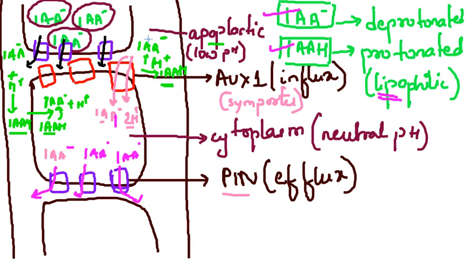Some of the IAA minus was converted to IAAH, and some remained as IAA minus, which is transported through the transporter, because a charged molecule cannot pass on its own. It needs a transporter to enter the cell. So IAA minus is transported through the auxin transporter or the auxin symporter inside the cell. So the entry and exit is clear.